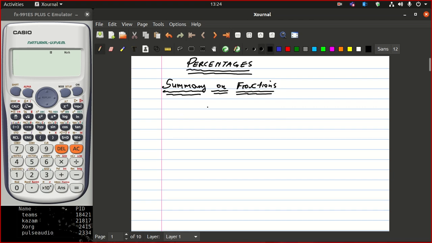So a fraction is a way of representing parts of a whole. Let me first write that, and maybe it's going to be easy for us to move forward.